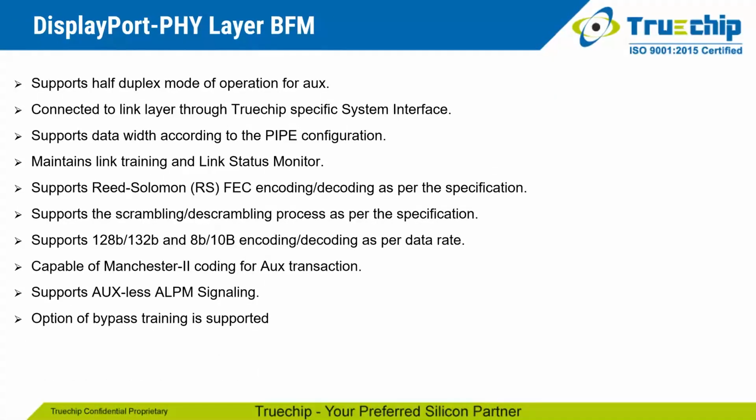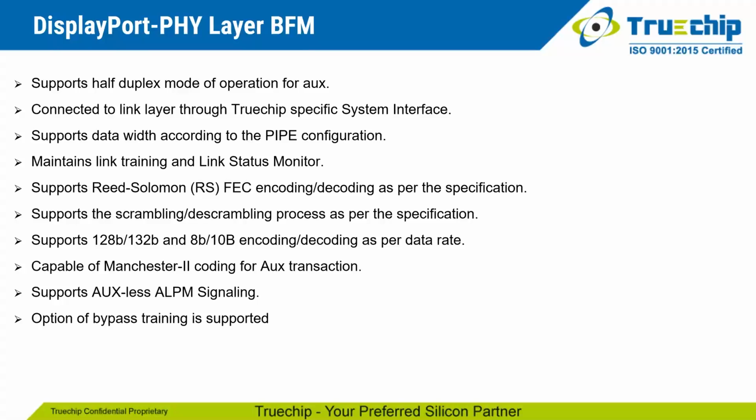It supports half duplex mode of operation of aux, connected to link layer through Truechip specific system interface. Supports data width according to the pipe configuration. Maintains link training and link status monitoring. Supports Reed-Solomon RSFEC encoding and decoding as per the specification.